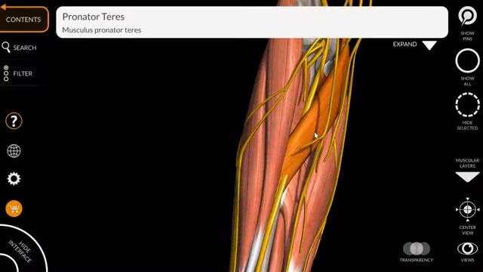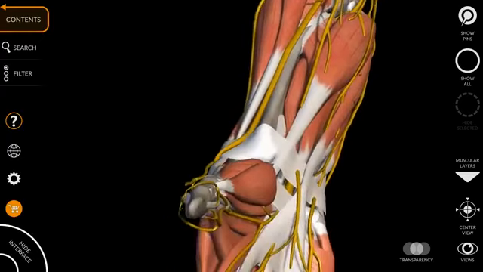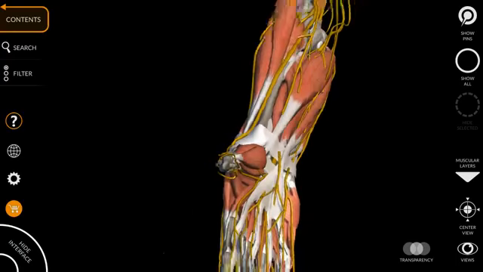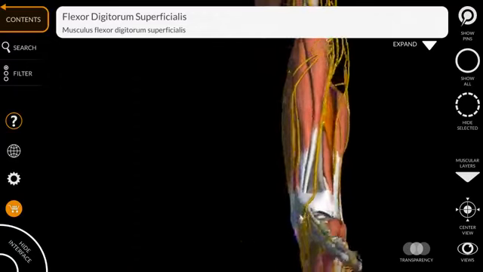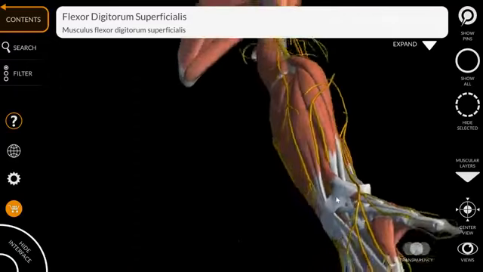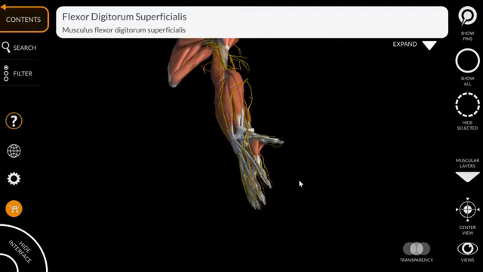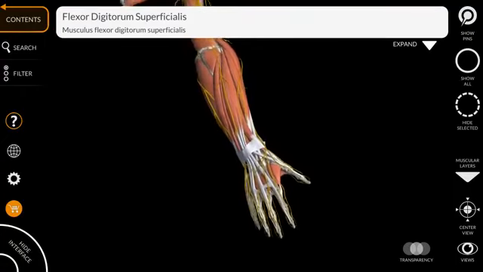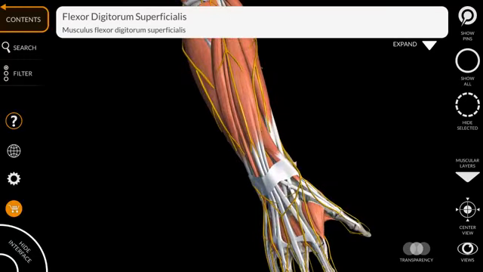We remove this muscle, which is pronator teres, and you can see here that it is on the lateral side by now. Okay. And here you can see that this is going to supply the dorsal side of the arm. This is the radial nerve supplying the dorsal side of the arm.